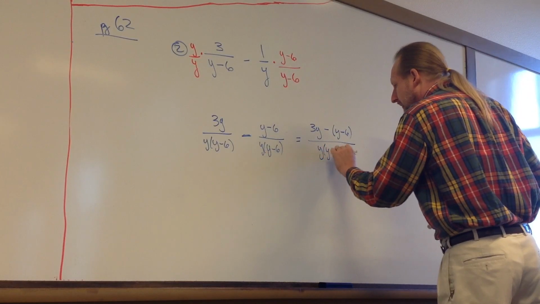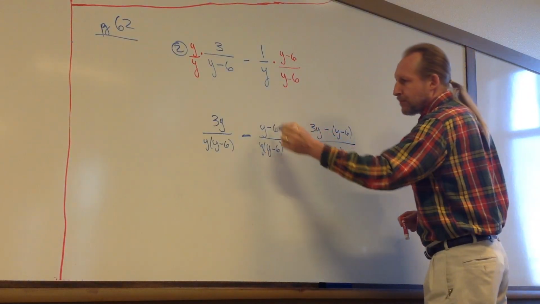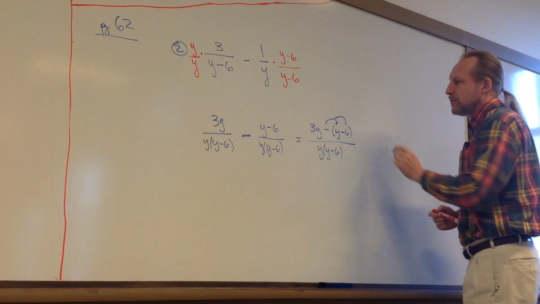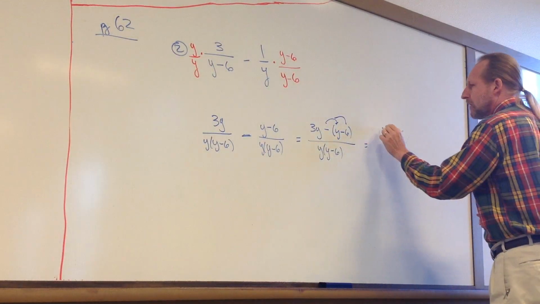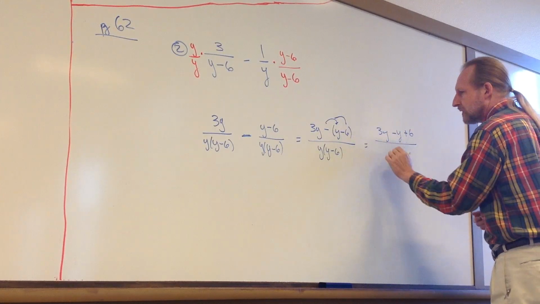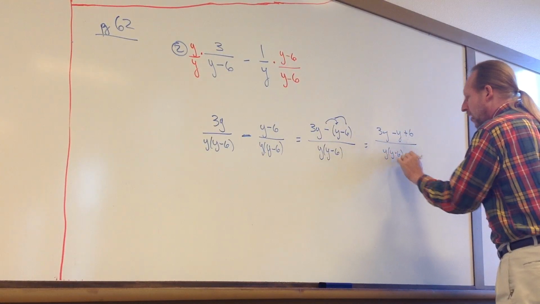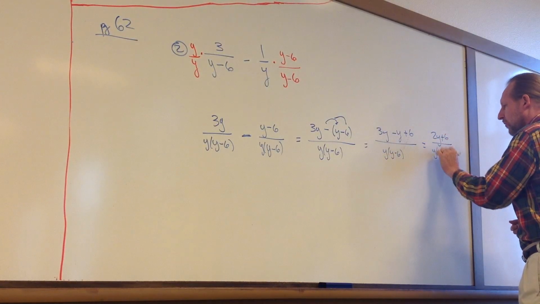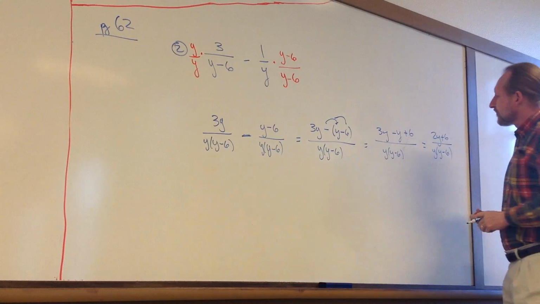And so when I write this, I frequently do it with parentheses around here because that reminds us to distribute that negative sign inside there. So now we'll have 3y minus y plus 6 on top. And so that'll be 2y plus 6 over y times y minus 6.